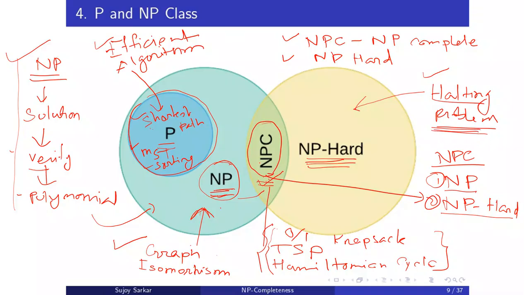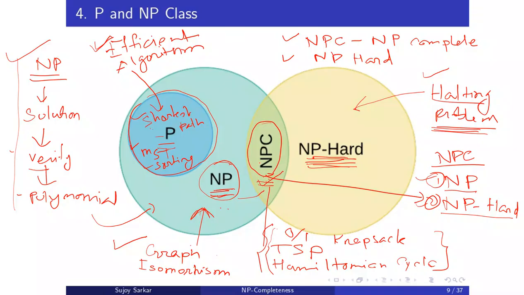So these are the four categories. NP means given a solution, you can verify it in polynomial time. P is a subset of it, where you can verify in polynomial time and you also have an efficient algorithm. And NPC means these are NP and also NP hard, both. Hard problems.